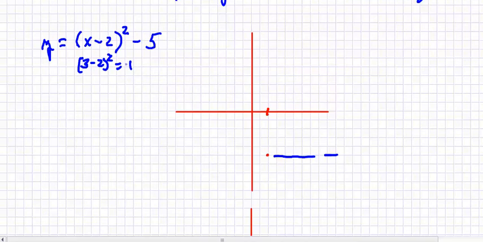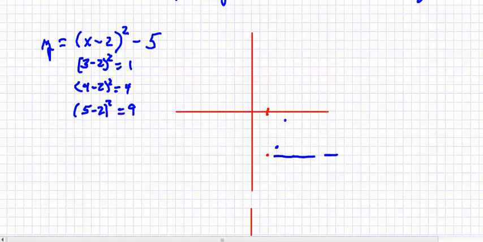That means I'm 1 above negative 5, or 1 above this line, so I put a dot there. When x is 4, 4 minus 2 squared is 4. That means I'm 4 above this line. 1, 2, 3, 4. And when x is 5, 5 minus 2 squared equals 9.